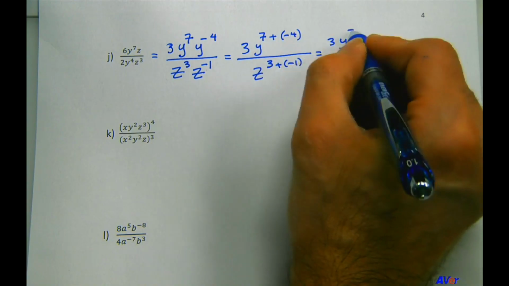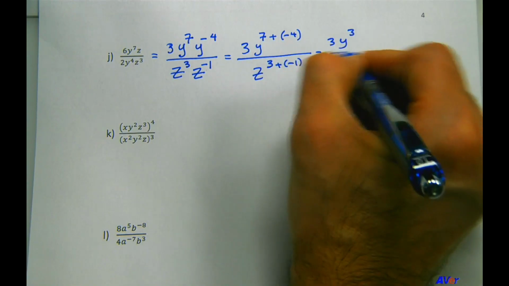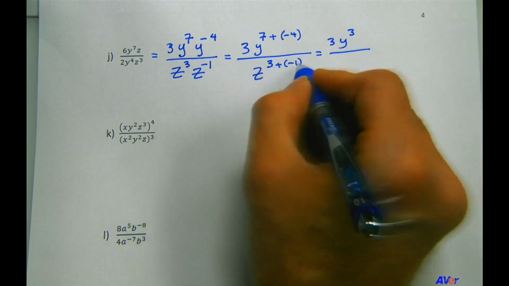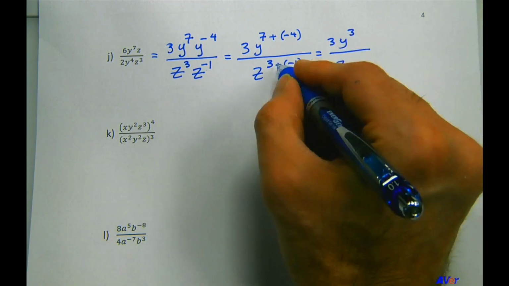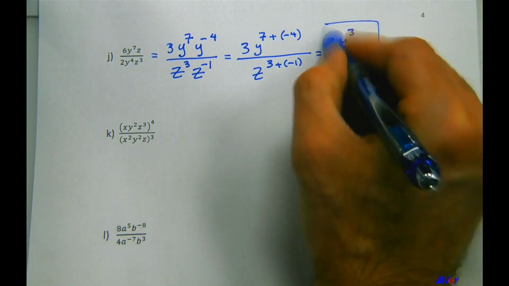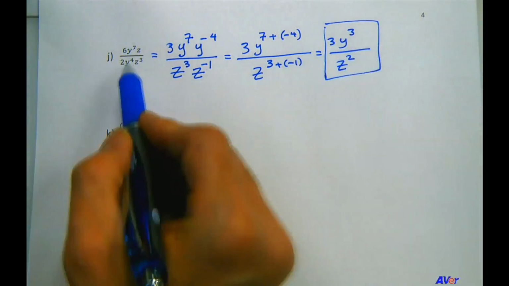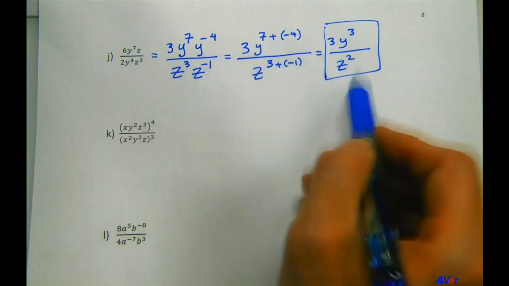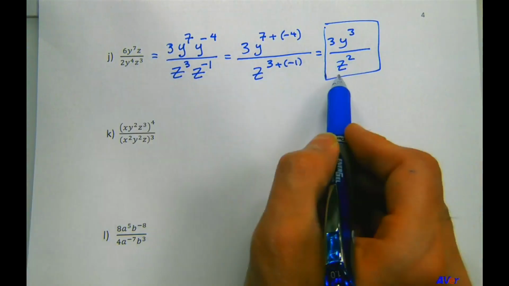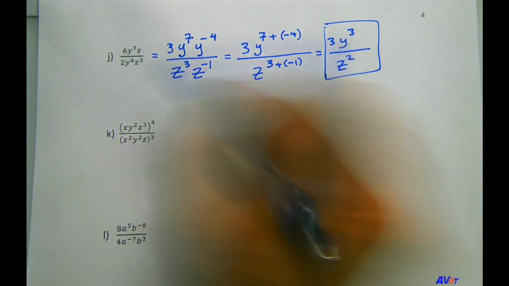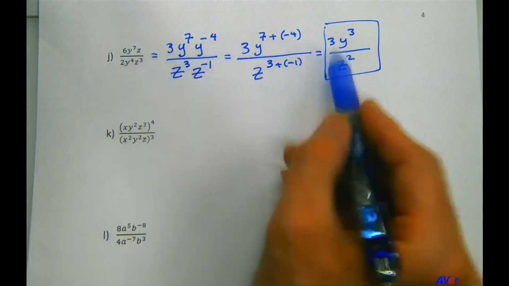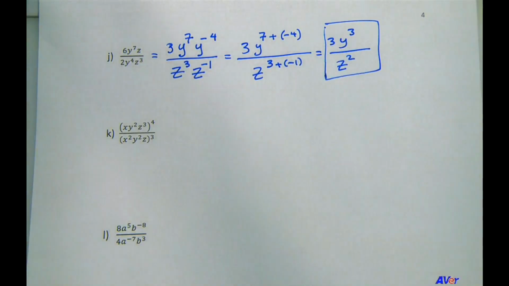So 3 times y cubed divided by z to the, what power? 3 minus 1, squared. Like that. So compare this with this. All the z terms are combined, all the y terms are combined, and the constants are now combined into 1 as well, because 2 was a factor of 6.